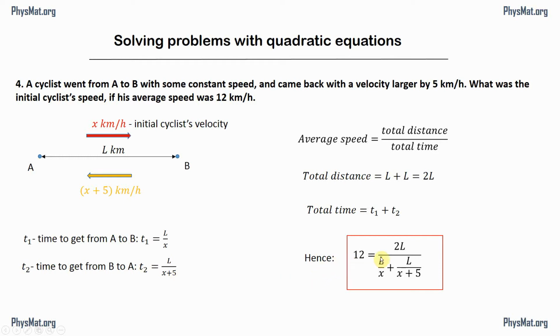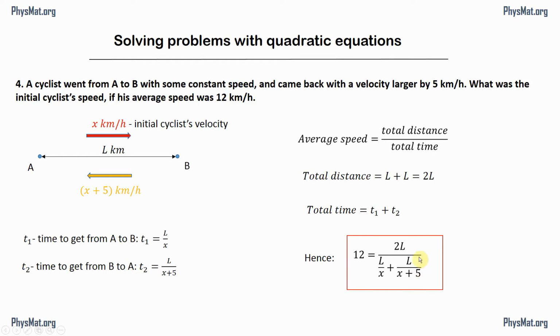So therefore we can say that our average speed, which is equal to 2L divided by t1 plus t2, which is L divided by x plus L divided by x plus 5, is equal to 12, which is the average speed. So this is our equation.